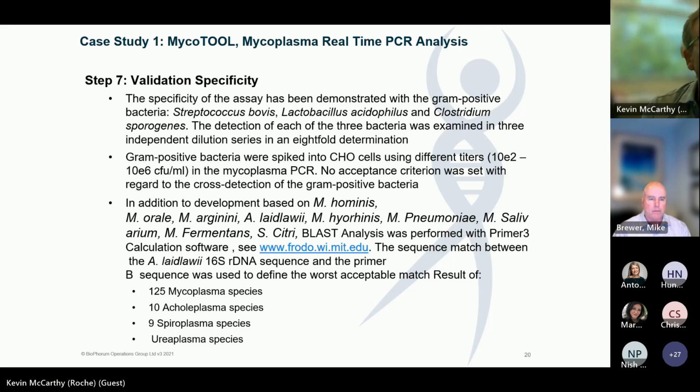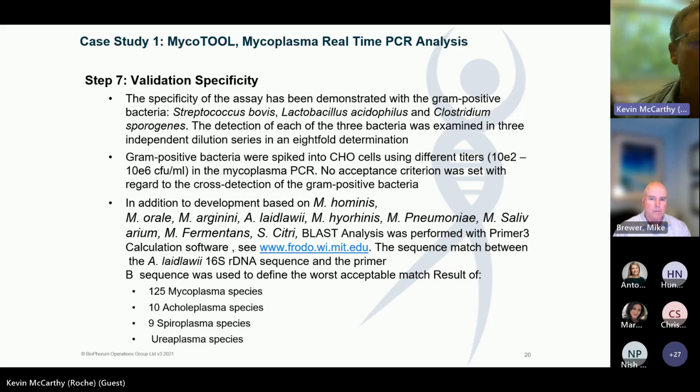Gram-positive bacteria were spiked into CHO cells using different titers, 10 to the 2nd and 10 to the 6th CFU per mL in the Mycoplasma PCR. No acceptance criteria was set with regard to the cross detection of the gram-positive bacteria.